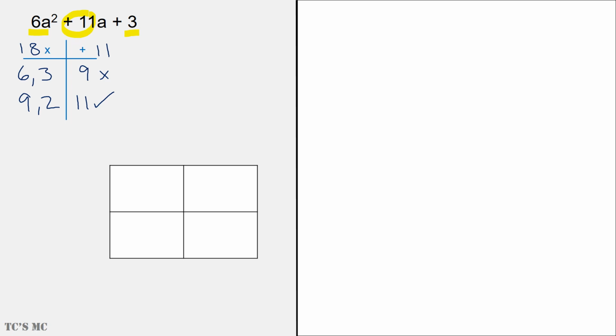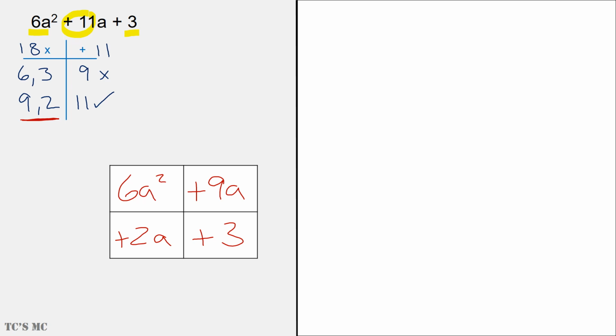What I do now is fill in the inside of the grid, so the opposite of expanding. The inside becomes 6a squared and plus 3. I'm going to use the 9 and 2 to split that 11a up. It does not matter which way round you put them. I'm going to put 9a at the top and plus 2a on the bottom.